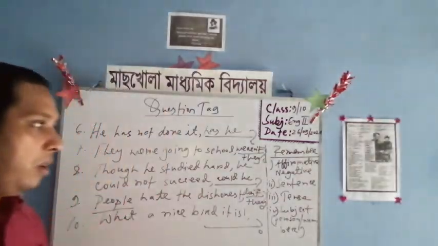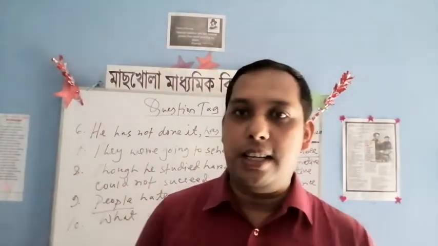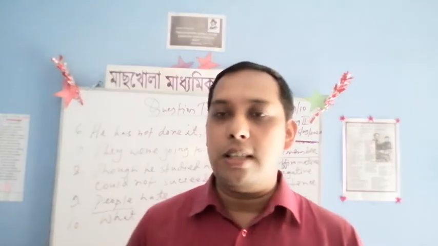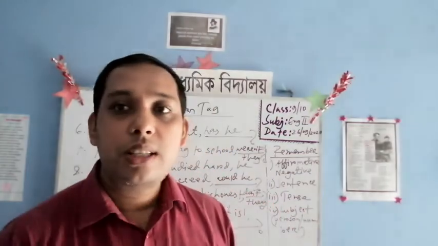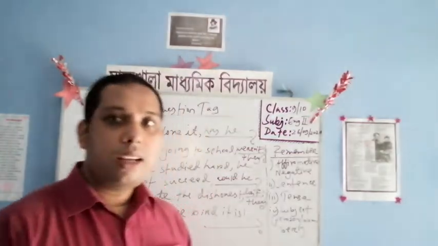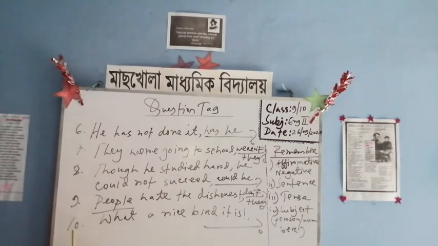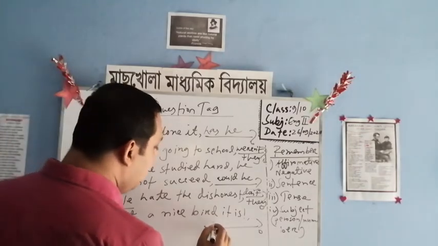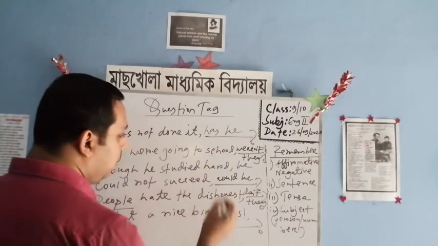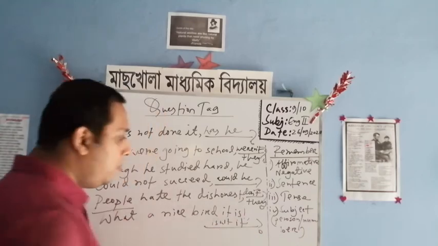So when I am expressing certain feelings, this is an exclamatory sentence. What a nice bird it is. This is an affirmative one, so we should use isn't. The same rule will be applicable here. Isn't it? This will be the answer.